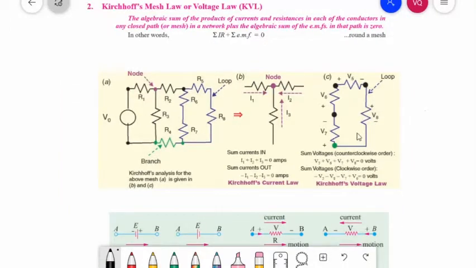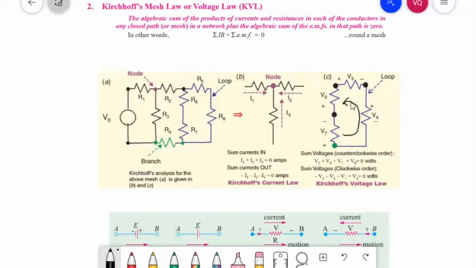If we first consider the sum of the voltages in counterclockwise order, we start from V5. The motion of the loop is counterclockwise.